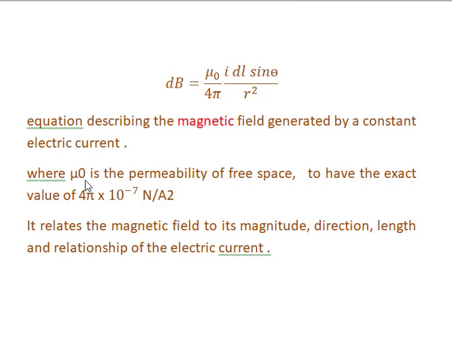Mu naught is the permeability of free space, and it has the value 4 pi into 10 power minus 7 Newton per ampere square.